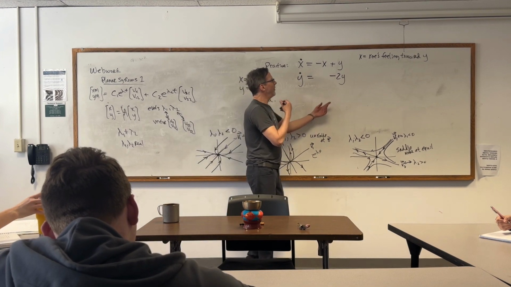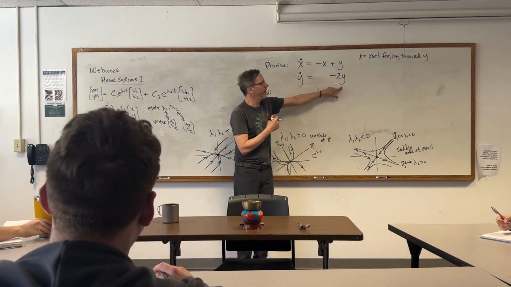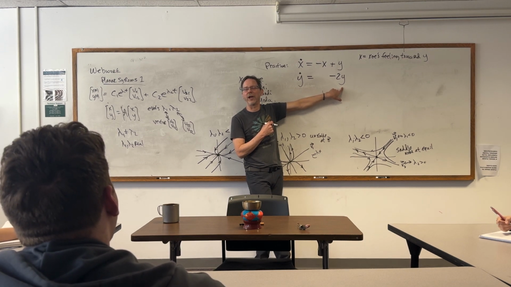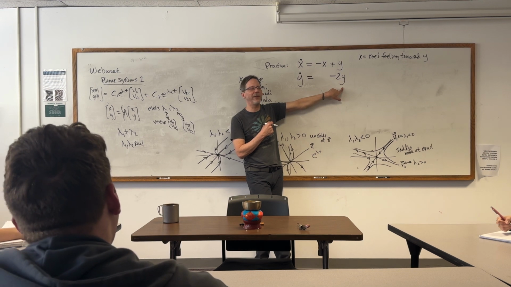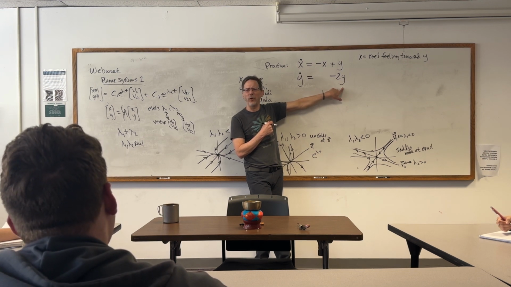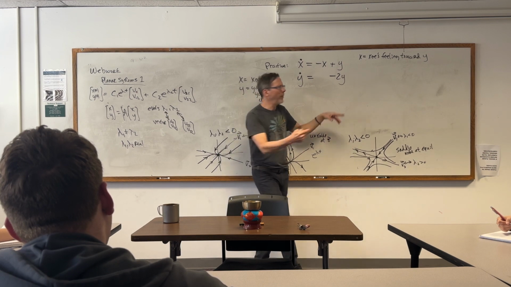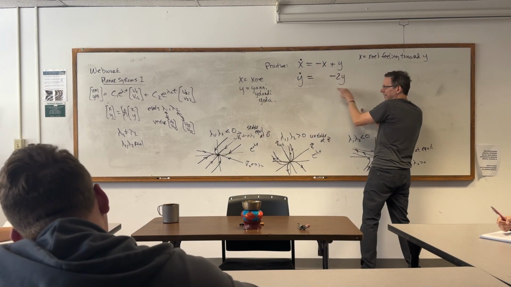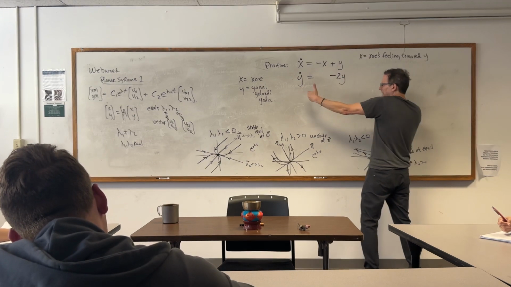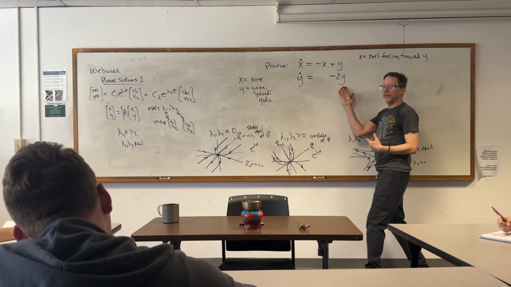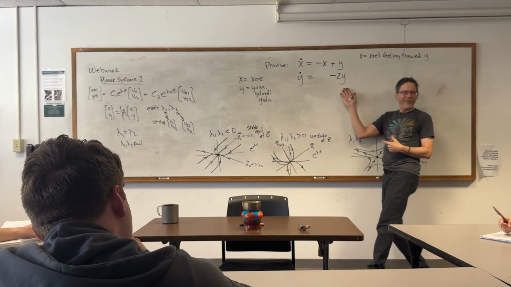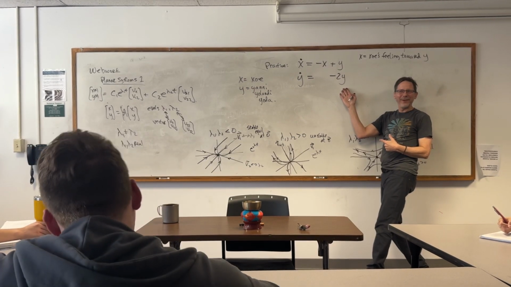What happens when Y actually feels positive about X? What happens to their love? Can we look at this and decide? It goes away, it dissipates. When Y is positive, when Y is in love, y dot is negative, so the love dissipates. What about when Y is in contempt for X?